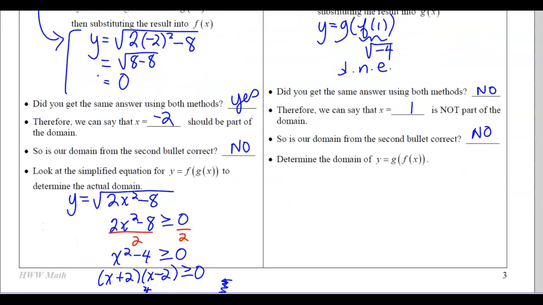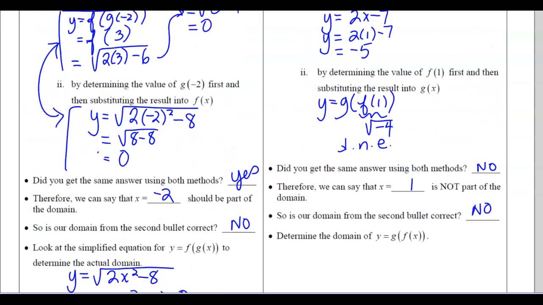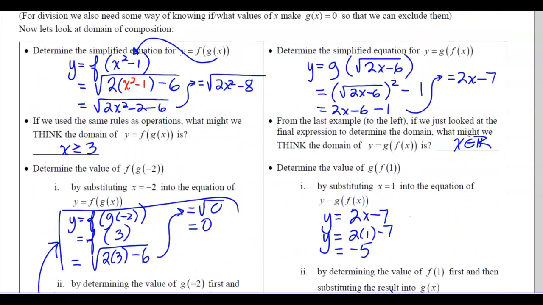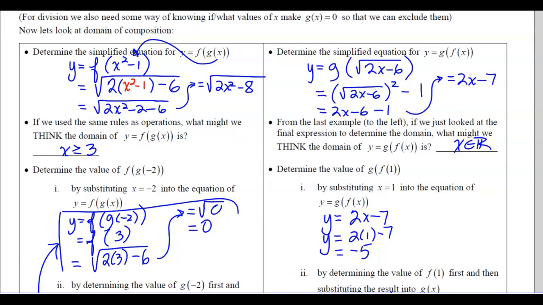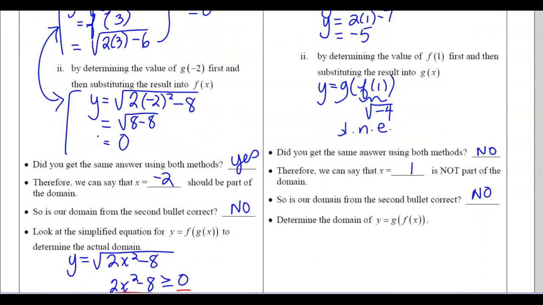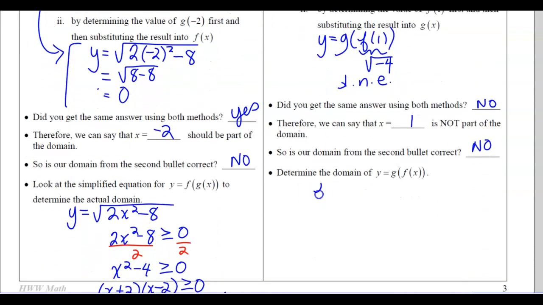Okay, so what do we do here then? So we have to think about what values of x are defined in the inside function. So that would be x greater than or equal to 3. So for f of x, x has to be greater than or equal to 3.